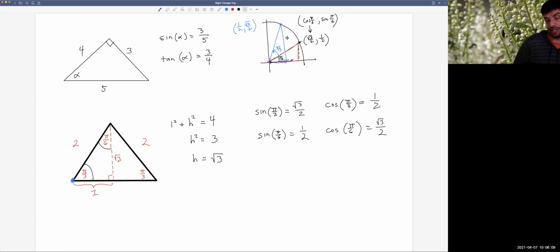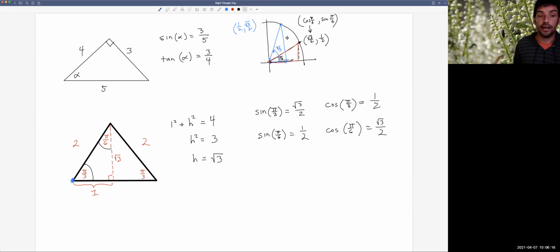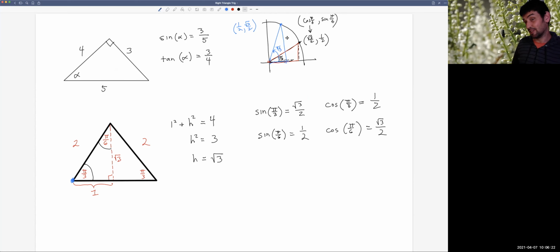So we see we can go from triangles to circles and back and forth without any loss, no conflicts, right? The one place where there can be a conflict is if we're using the geometry of triangles, but we're not dealing with something in the first quadrant, and we'll do examples of that in later videos. But we have to think about the sign, not sign the trigonometric function, but whether things are positive and negative.